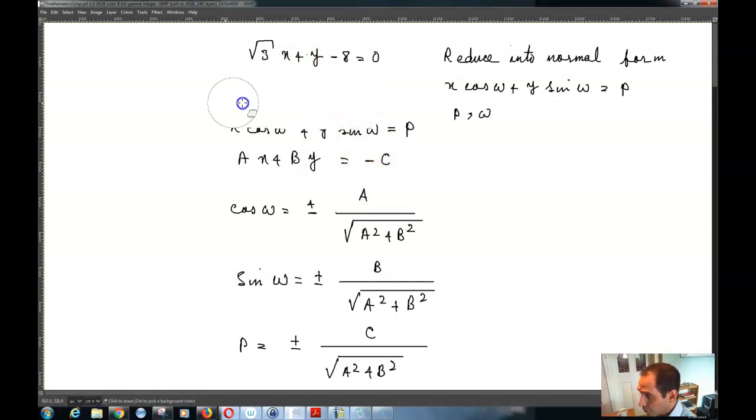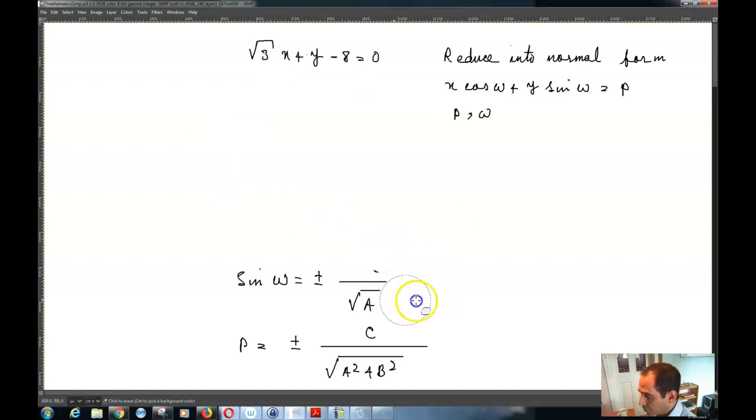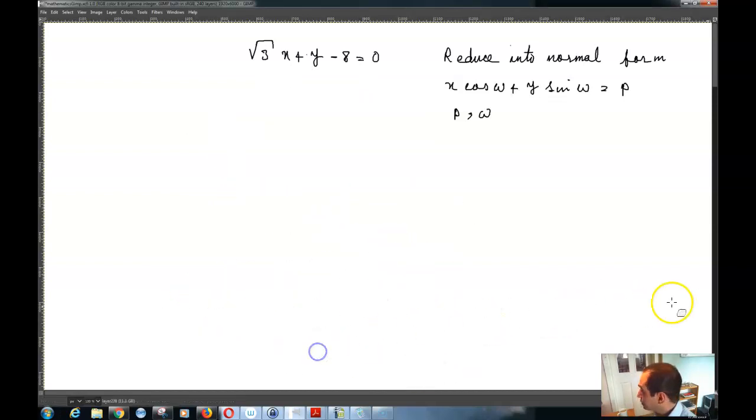So basically what you want to do now is take your equation. I'm going to erase all of these things. Take your equation, and you see that over here your a is equal to square root of 3 and your b is equal to 1.